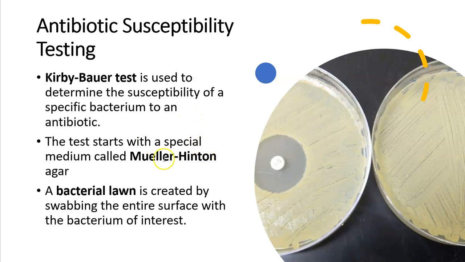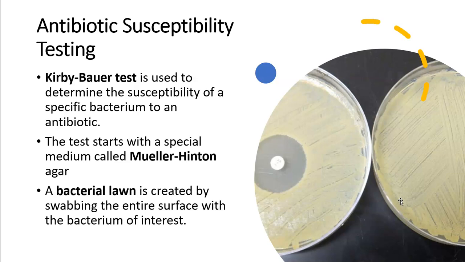Typically, you have to have a specific type of plate, called a Mueller-Hinton agar plate. On that plate, you'll want to add the bacteria in a way that you're creating a bacterial lawn, which is what we see here. A bacterial lawn basically means you're covering every square inch of that plate with bacteria. It's the opposite of a streak plate technique.